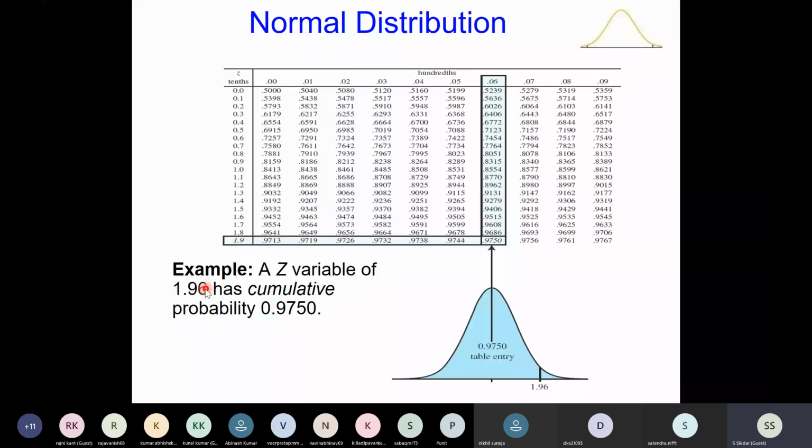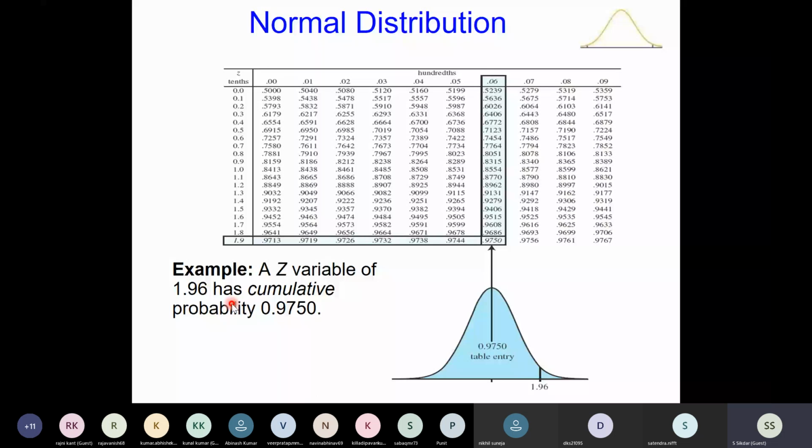But you have to get another 0.06, so that 0.06 will come from here. So if anybody asks what is 1.25, I have to go this way, and this is another 0.05. So I will get 0.9115.